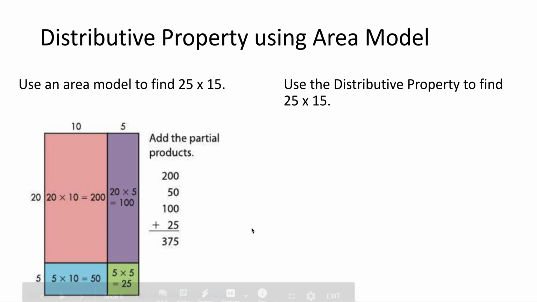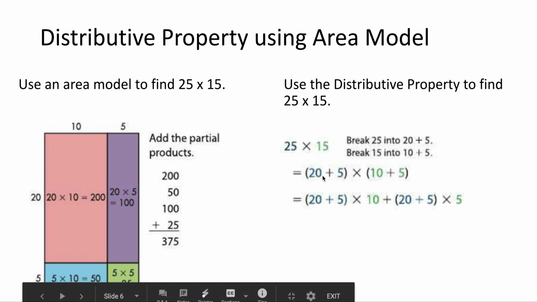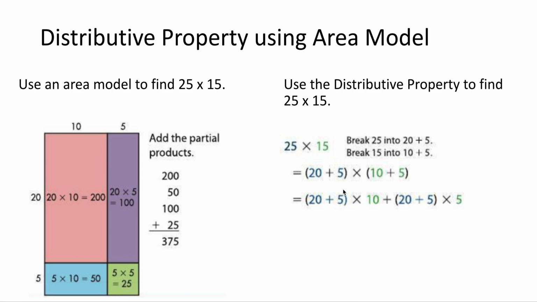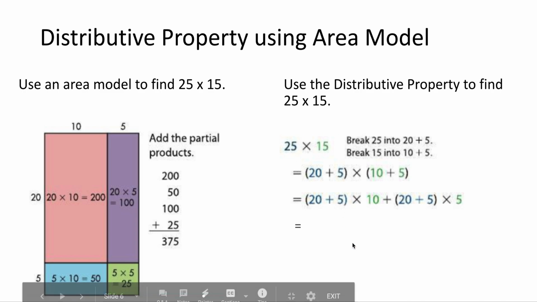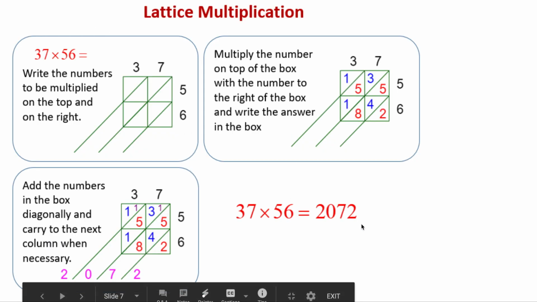How can you connect this to the distributive property? 25 times 15 can be broken into 20 and 5, 15 into 10 and 5. You are distributing 20 plus 5 to 10. So 10 is distributed to each of these terms. Then you can distribute 5 to each of these terms, right? That's what I'm writing here.